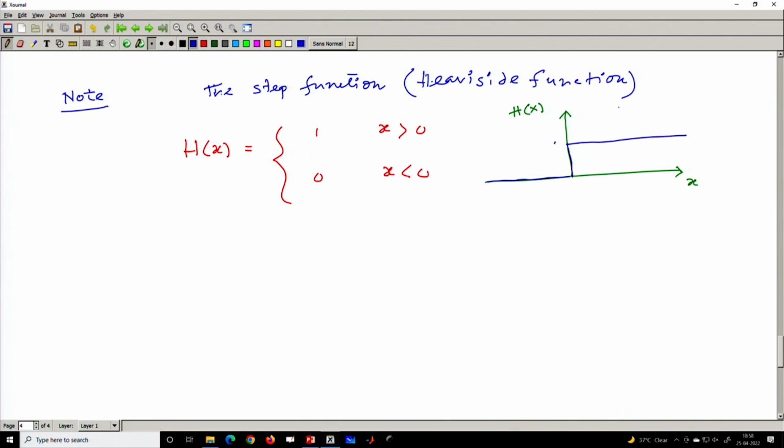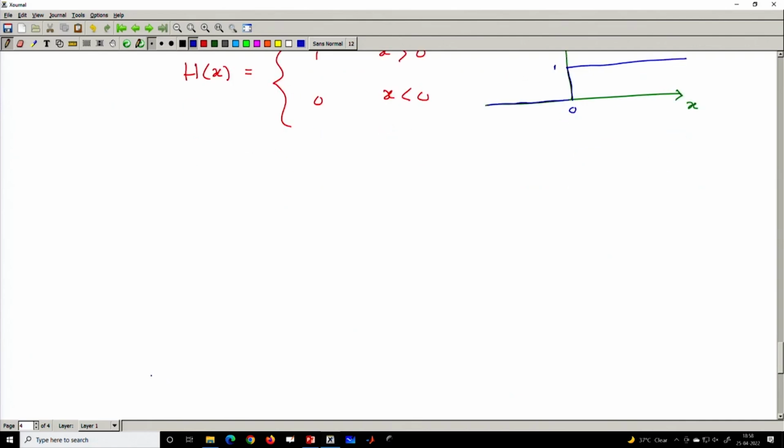This is the form of the Heaviside or step function. Another important thing to note is that the derivative of the Heaviside function with respect to x gives a delta function.